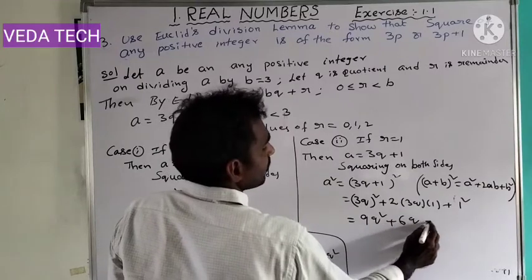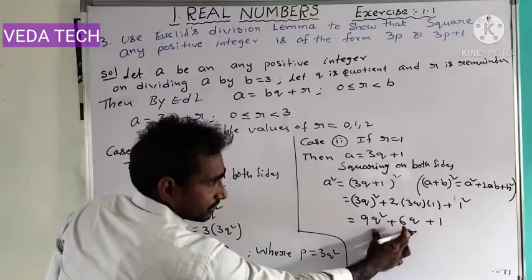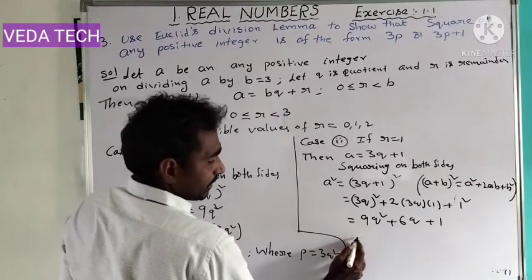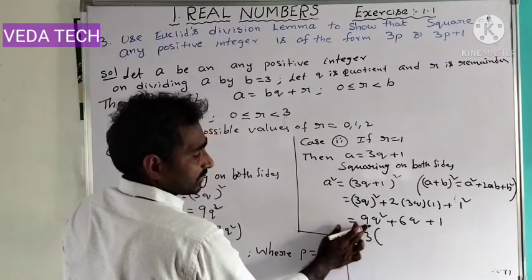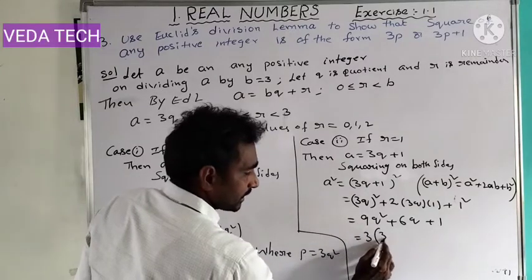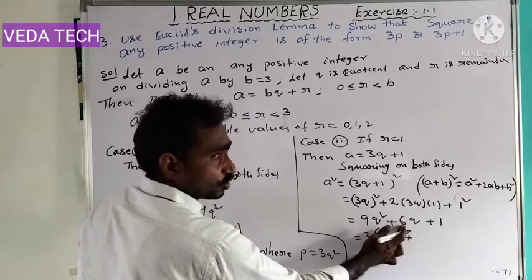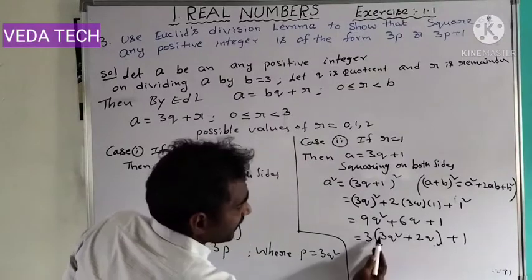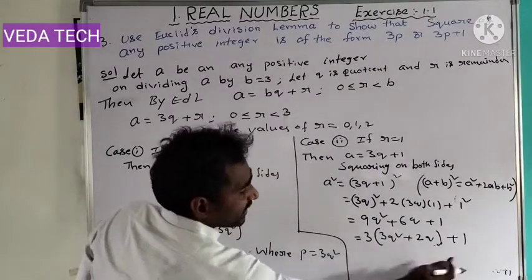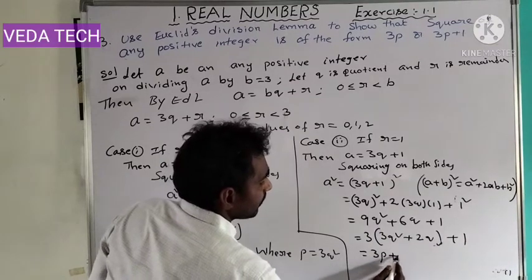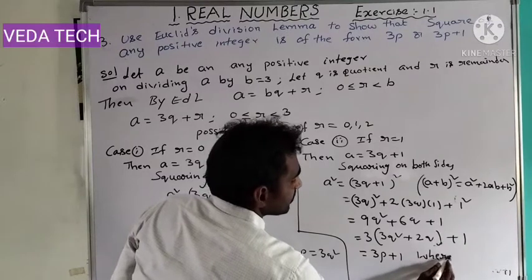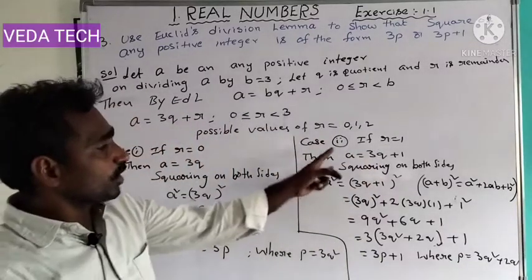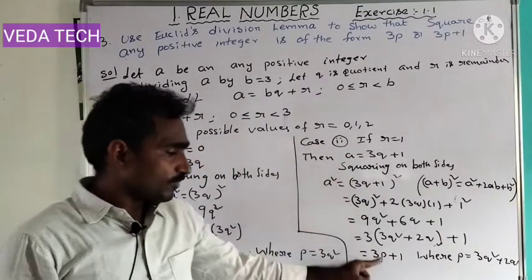In these two terms, take 3 common. 9 can be written as 3 into 3, so the remaining value is 3q square. 6 can be written as 3 into 2, so the remaining value is 2q. So 3 times (3q square plus 2q) plus 1.